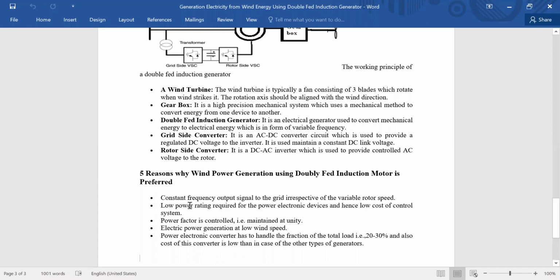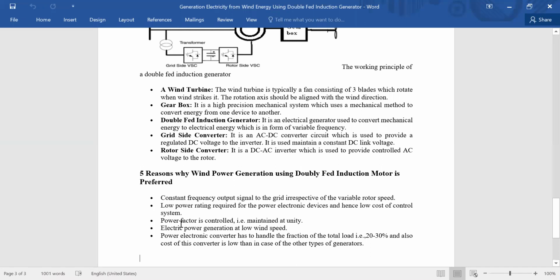Five reasons why wind generation using a doubly-fed induction machine is preferred. The second reason is that a lower power rating is required for the power electronic devices, so the cost of the control system is also low. The third factor is that the power factor is controlled, and it is usually maintained at unity.